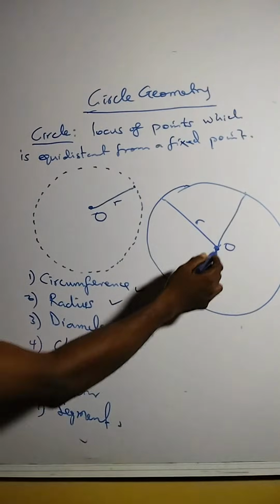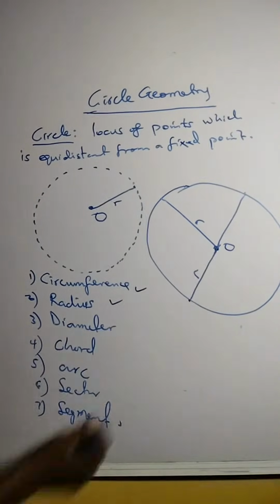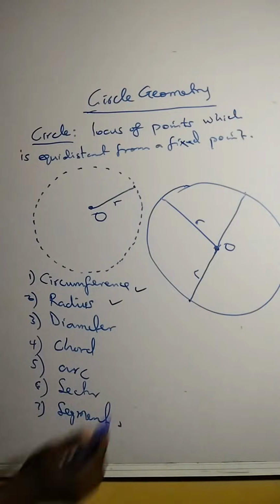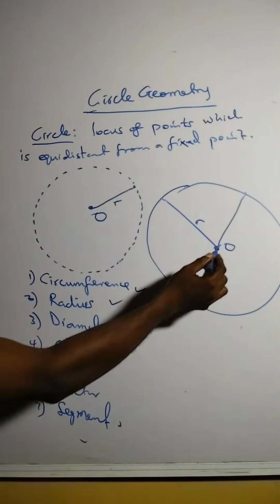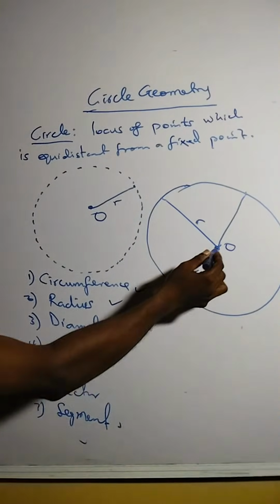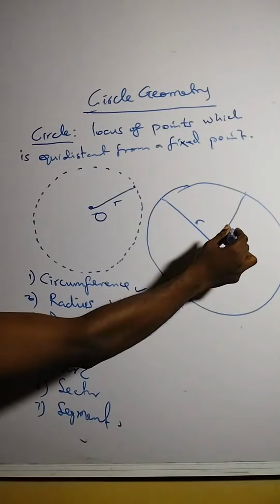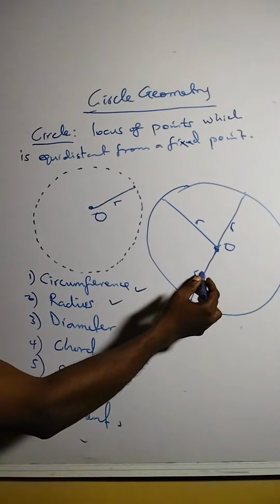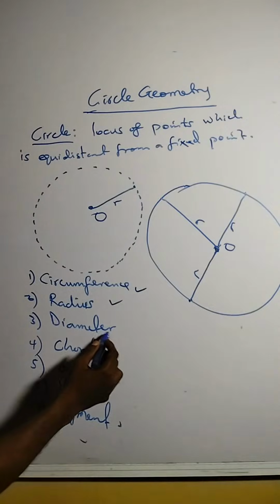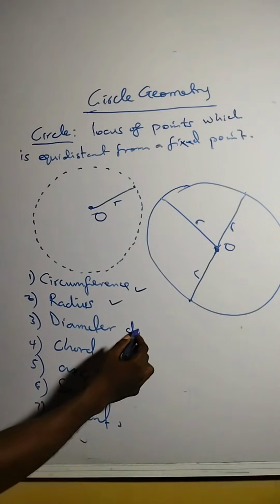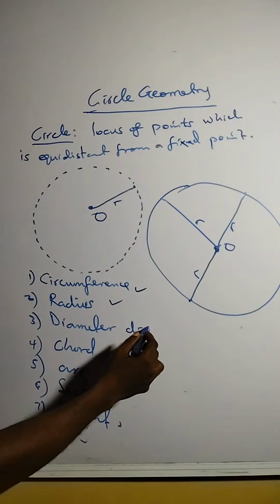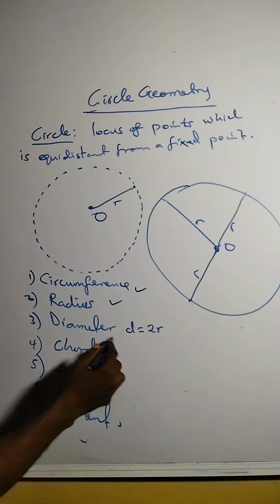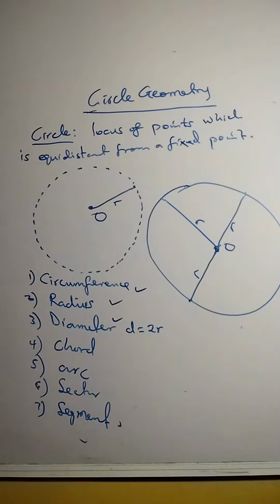It passes through the center and touches the circumference at two sides. But here, it's interesting to know that from the center to the circumference is a radius, and also from the center to the circumference here is a radius. So we have two radii. So we can say diameter is equal to r plus r, which is 2r. So that is a diameter.